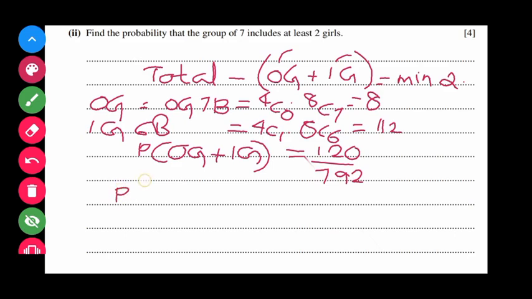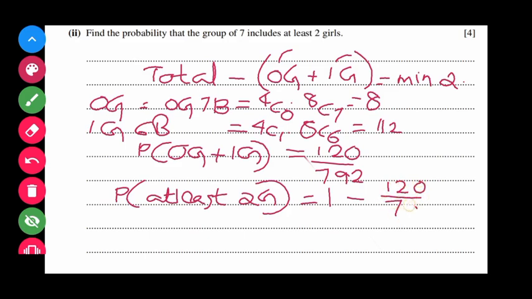So we can say the probability of at least 2 girls is total probability 1 minus the probability of 0 girl and 1 girl, which is 120 divided by 792. We get it as 792 minus 120 by 792, which is 672 divided by 792 as the answer.